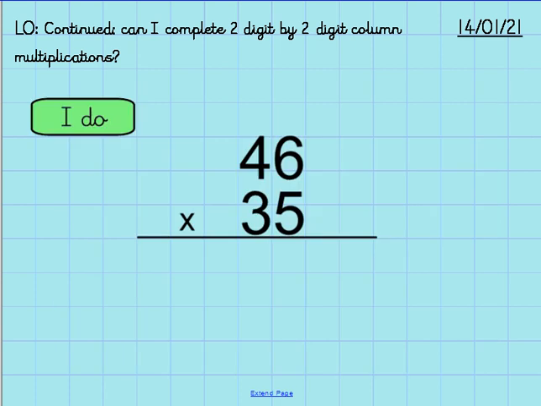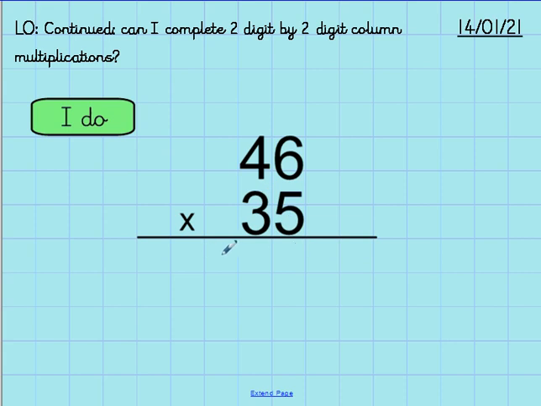So I'm going to do this one and demonstrate to you exactly what I'm going to do. Now, I know I'm doing a 2-digit by 2-digit calculation, so I know straight away that I'm going to have to do 5 times the numbers and then 30 times the numbers. But I'm going to make that really simple.